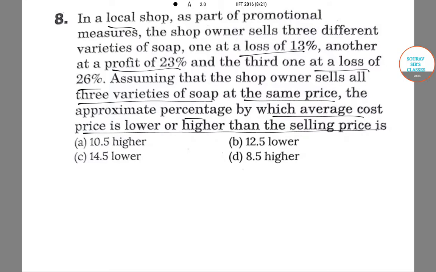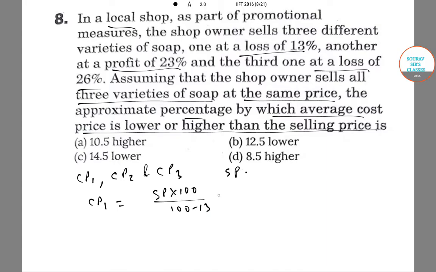Let the cost price of 3 soaps be CP1, CP2 and CP3, and let the selling price of all soaps be SP. Then CP1 is equal to SP into 100 by 100 minus 13, that is 100 by 87 SP.